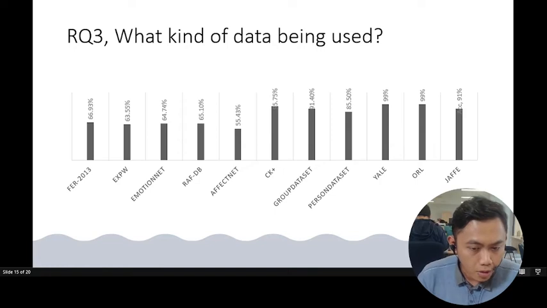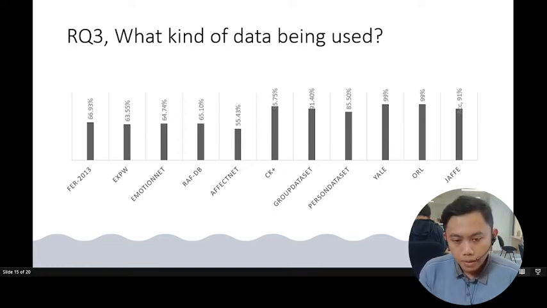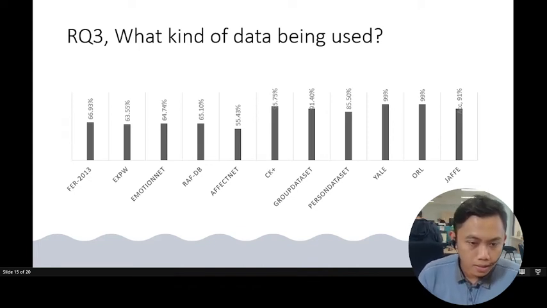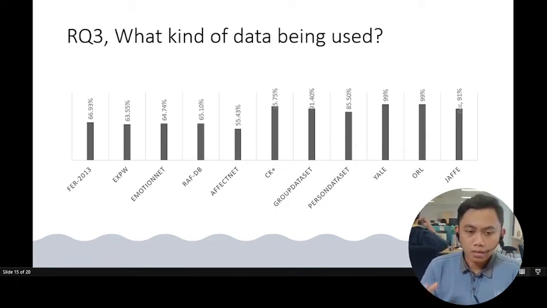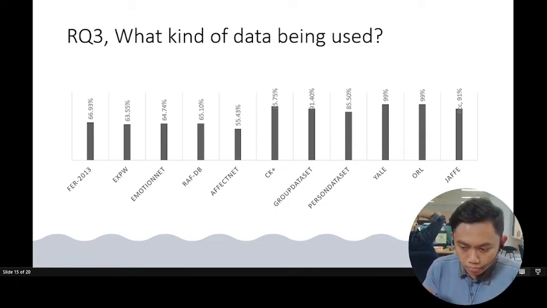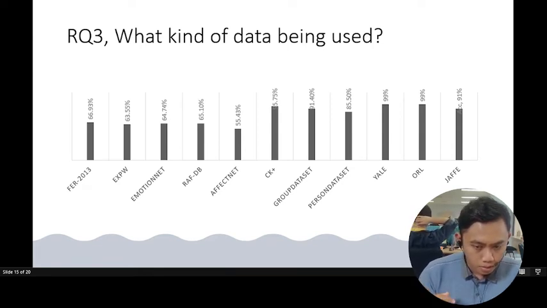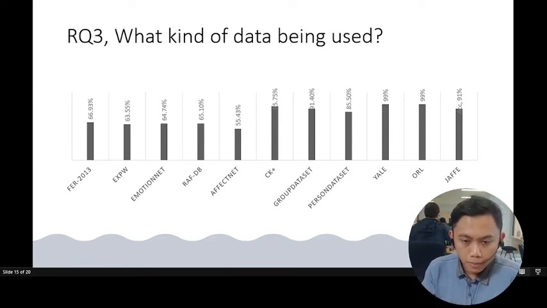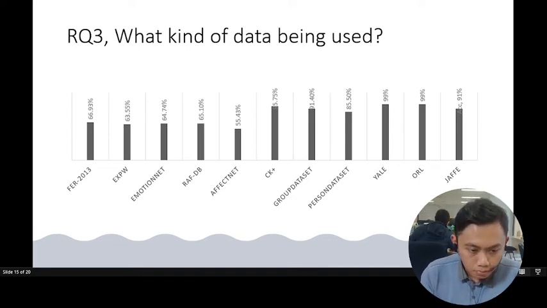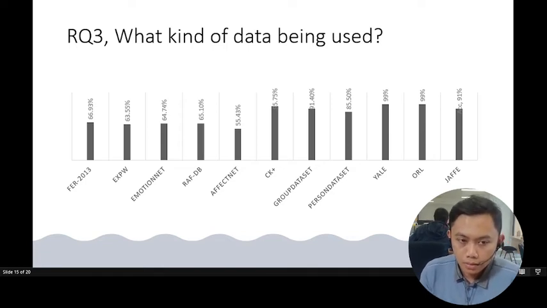There are also a lot of other datasets out there. For example, FER 2013 is a commonly used dataset for face expression detection, but in these papers we did not see any paper that used it. Otherwise, FER 2013 is also used by us for the experiment, or by other researchers out there.